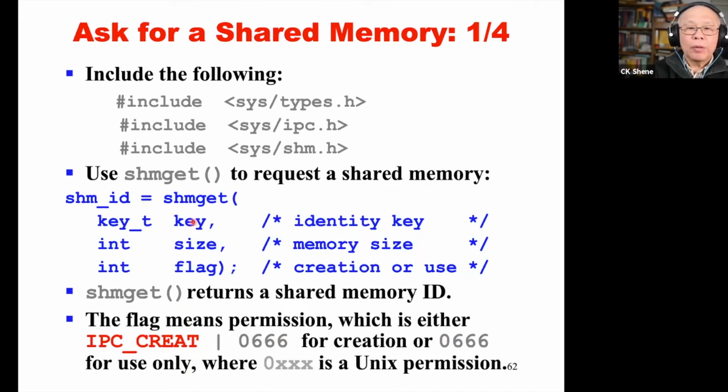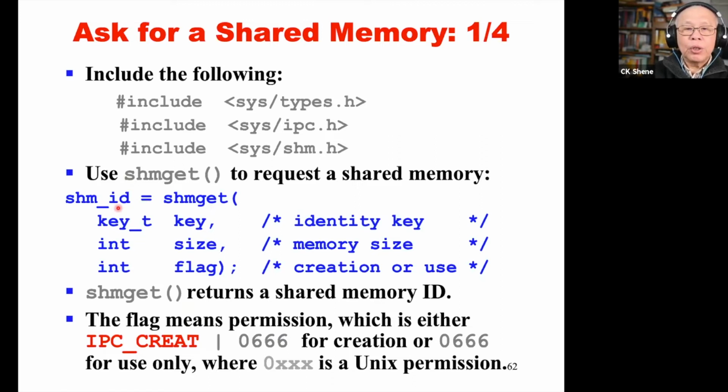So after specifying the three arguments in the call to shared memory get, shared memory get will return you a shared memory ID. This is just like when you create a process, the system assigns that process a process ID. So the idea is exactly the same.